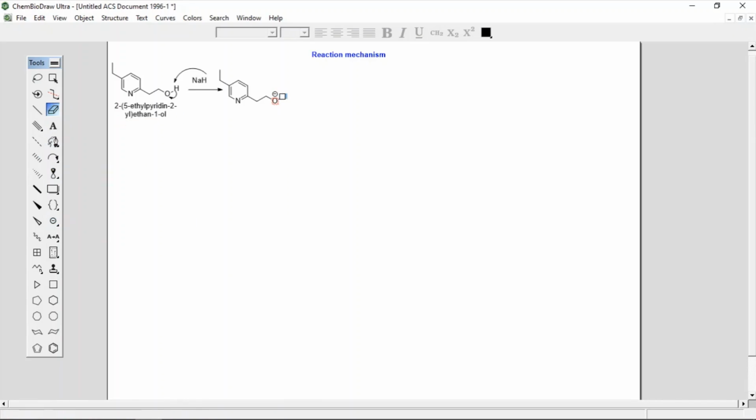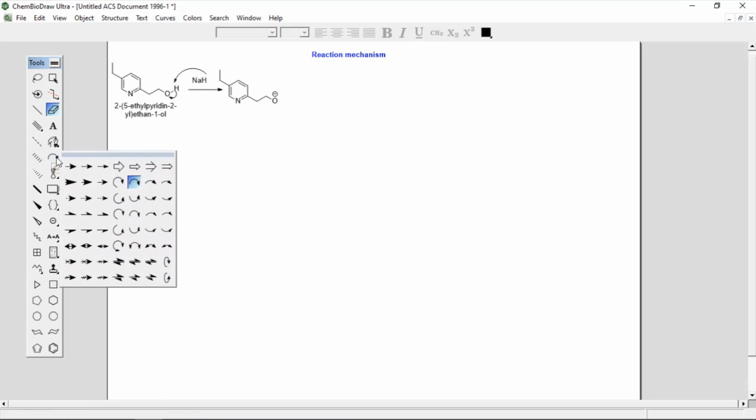So here the first step is very simple: this NaH base takes this proton, then the bond pair shifts onto oxygen, so there is a negative charge on this oxygen, and we get this oxygen anion.